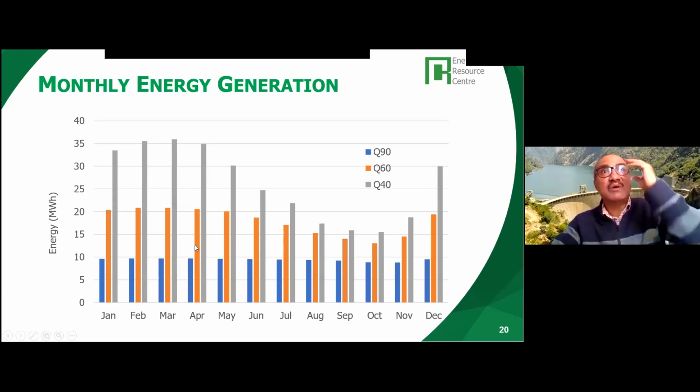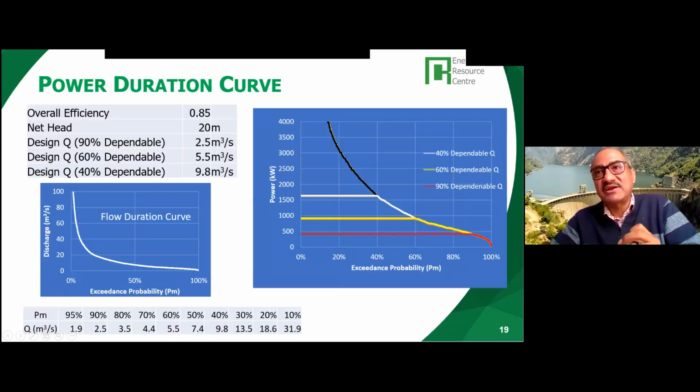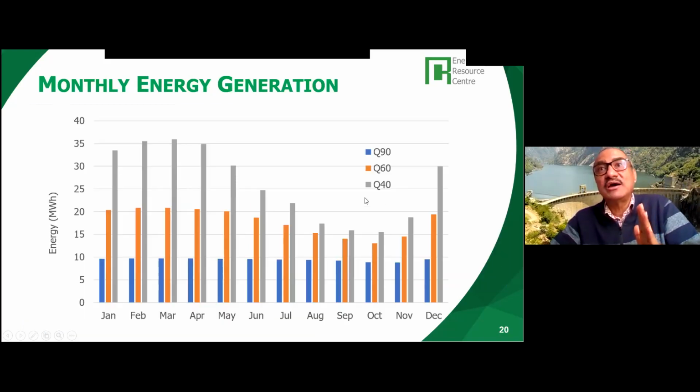Now, if you look at the monthly generation pattern, the blue one is the red here. Sorry, I should have put the same color. The blue one is Q40 capacity. In all 12 months, it generates more or less the same. The orange one, because it is Q60, generates full capacity in most of January, February, March, April.